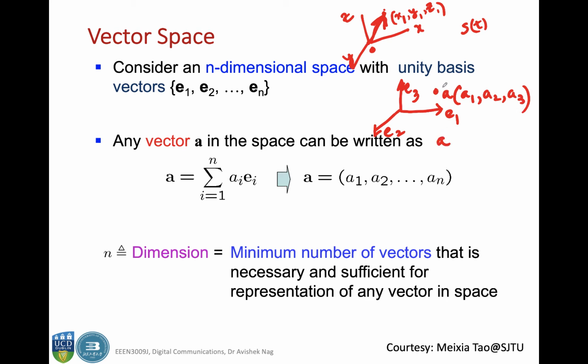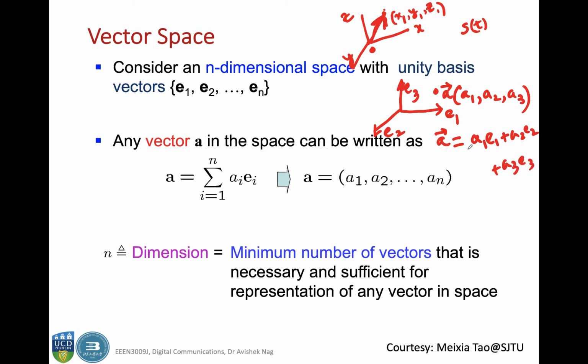It's better to represent a vector by this notation: an arrow at the top suggests that it has a direction and it's a vector. So we can write this vector A as A1 times e1 plus A2 times e2 plus A3 times e3.